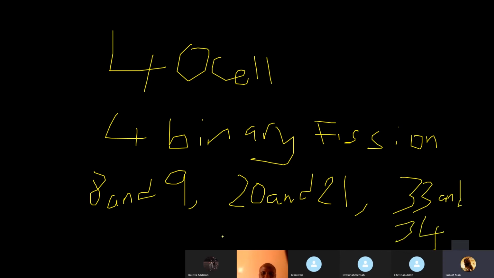Then finally, we are having another fragmentation. So the last fragmentation did occur between cell 41 and cell 42.